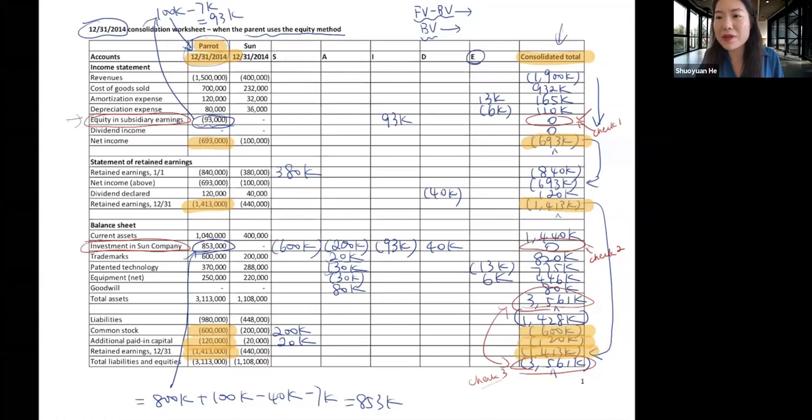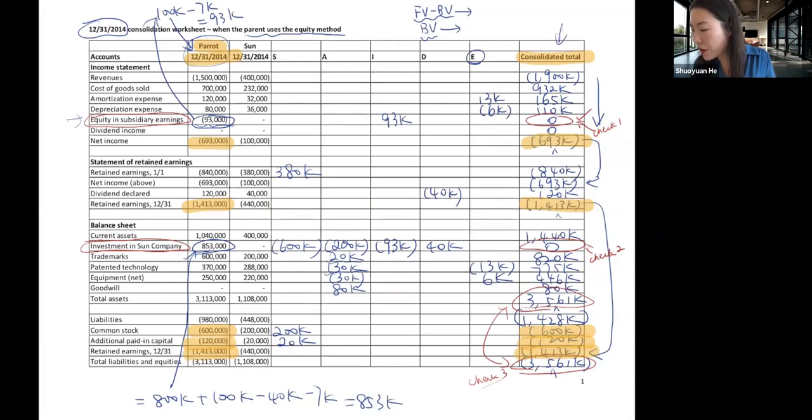This only happens when the parent is using the equity method, and this is the major advantage of the parent using the equity method. And the parent can also just look at its own retained earnings, and it will know what the total consolidated retained earnings will be without doing all of the consolidation. So this is some place that you should pay attention to.